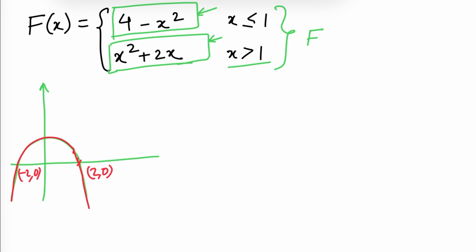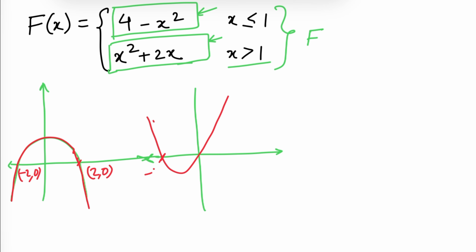And again we have another function which looks like this. And this point is minus 2 comma 0.